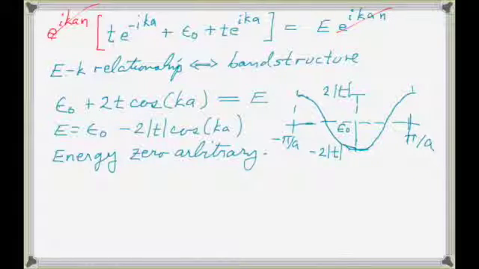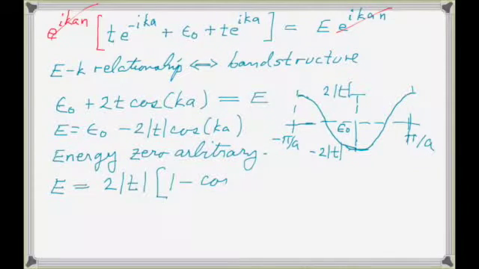As you start going above the band edge, your kinetic energy increases, and E becomes synonymous with the kinetic energy of the electron. If you do that, you just shift your function vertically, and this is the final form: E is 2 magnitude of t times the quantity 1 minus cosine ka.